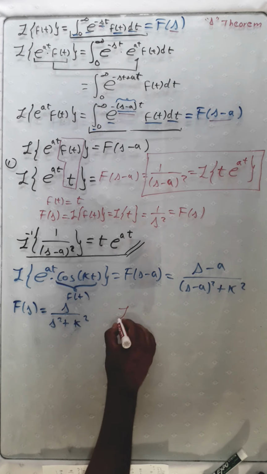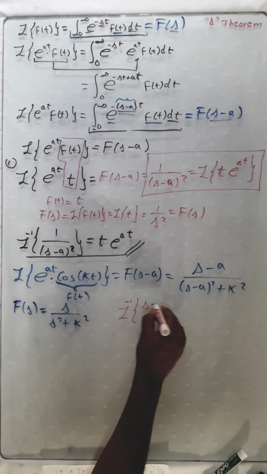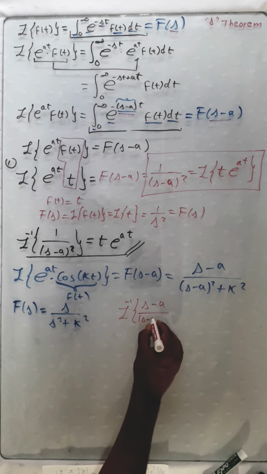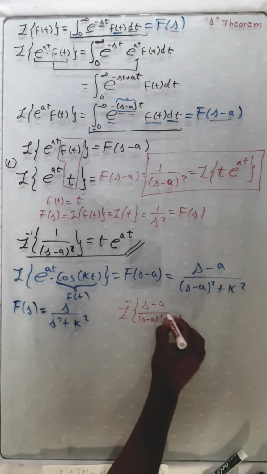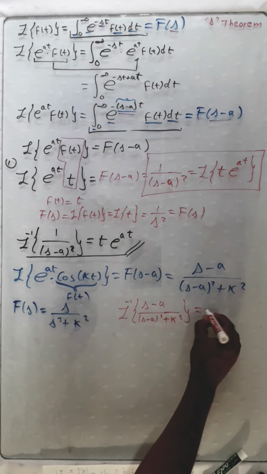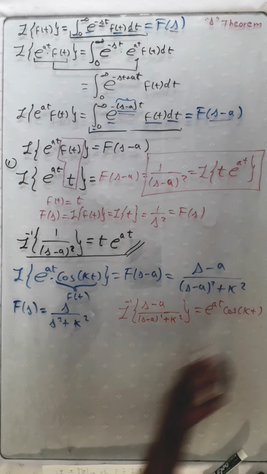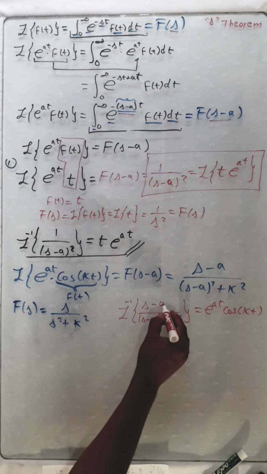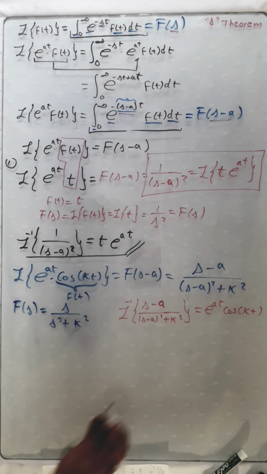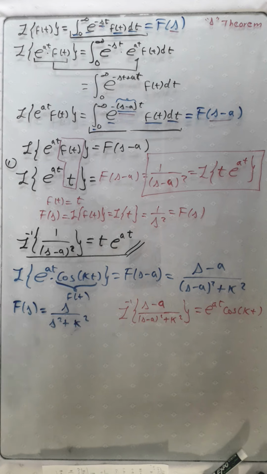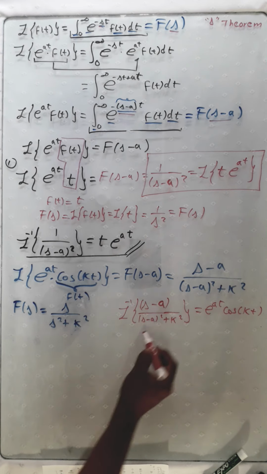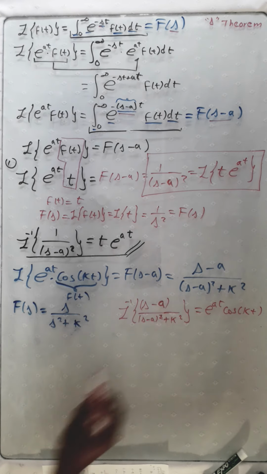Likewise, the Laplace inverse of s minus a over s minus a squared plus k squared is equal to exponential of at cosine of kt. And here you can see that the s is shifted, or you have a translation here in s minus a and s minus a squared here.